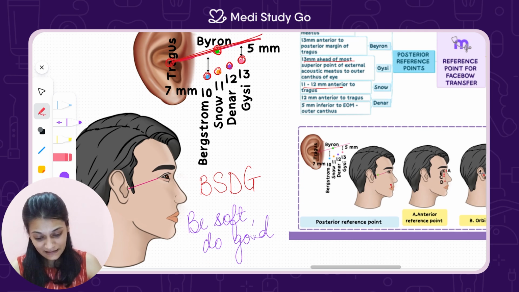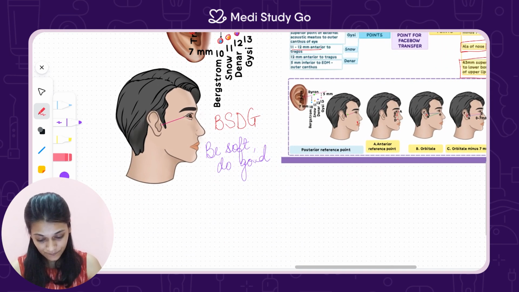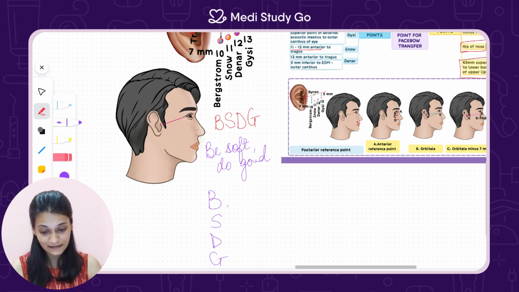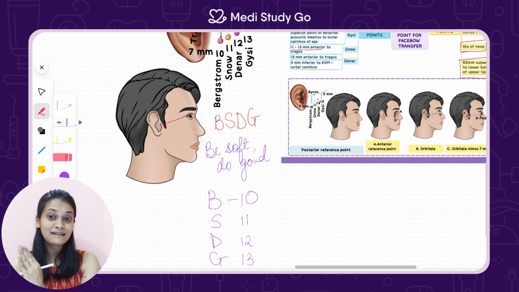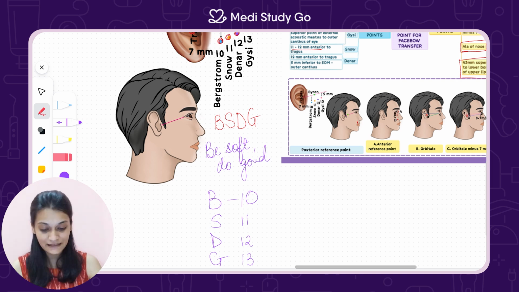Wherein B stands for Bergstrom, S stands for Snow, D stands for Denar, and G stands for Gysi. And you just write 10, 11, 12 and 13. All of these points are 5 mm below that line and 10, 11, 12, 13 mm anterior.